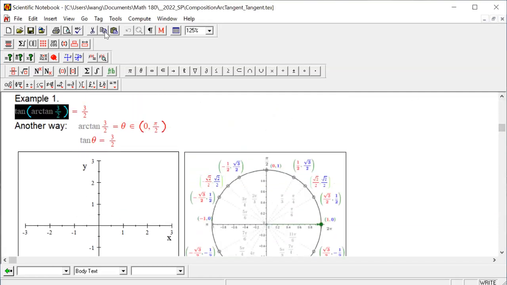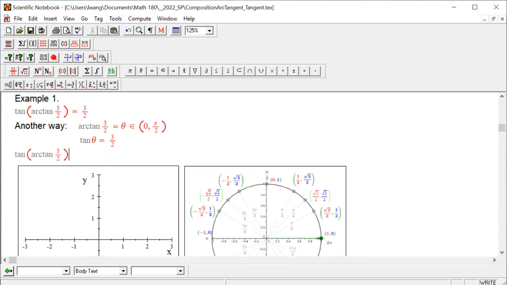Well, tangent of arctangent 3/2 is equal to tangent of theta, right? And then we are told tangent theta is 3/2, so we already found it.